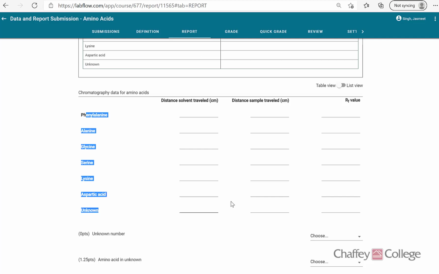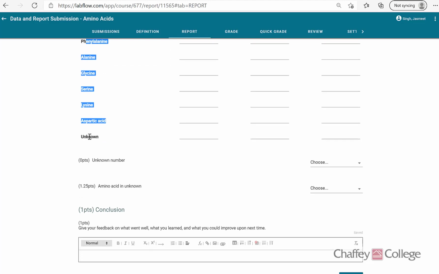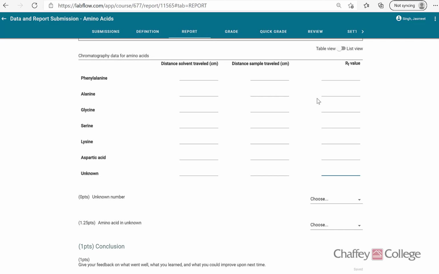The distance values are given in the sample data, and you also calculate the RF value for unknown. This unknown RF value will match with one of the 6 amino acids. Whichever number it matches up with, that is the identity of our unknown.